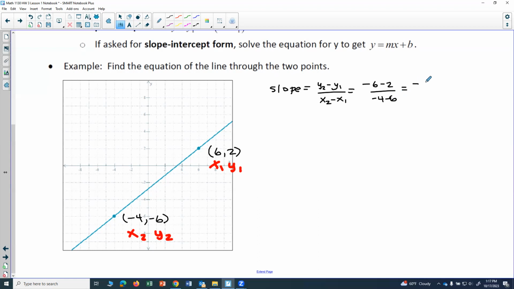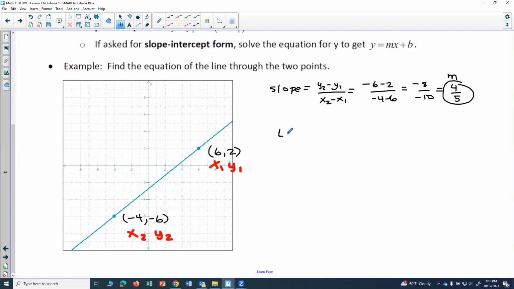Okay, so I'm going to end up with -8 over -10. A negative over a negative is a positive, so I have 8/10, which is the same as 4/5. So that is my slope. That's what I'm going to use for m.